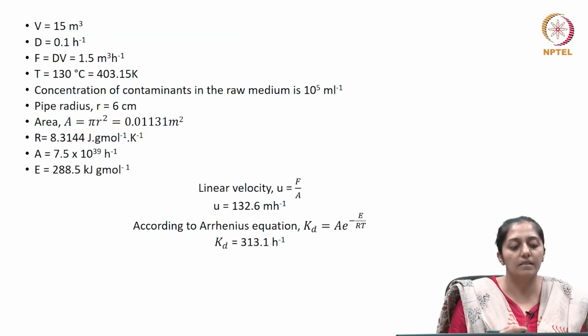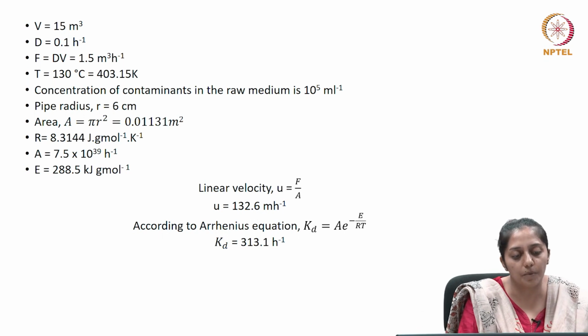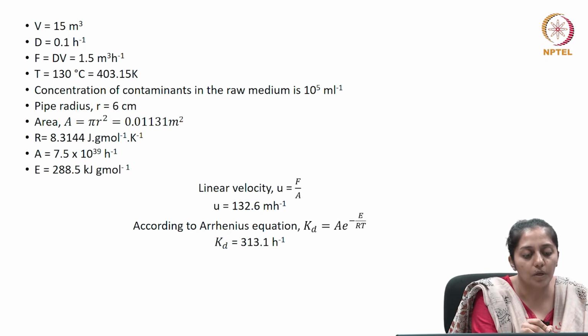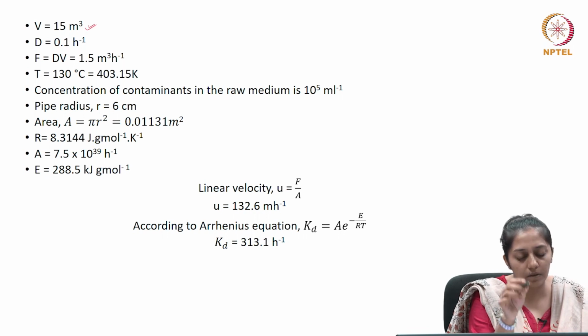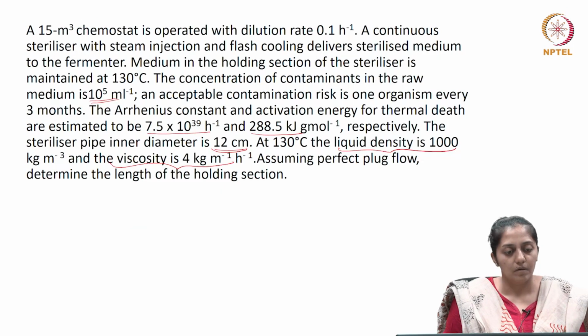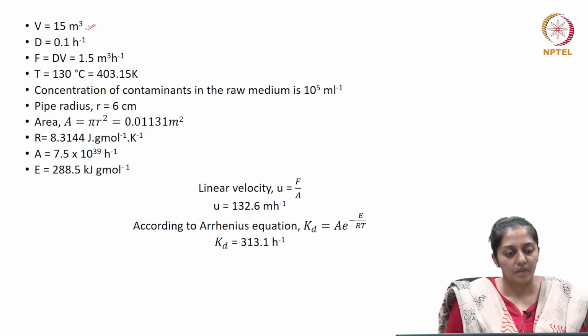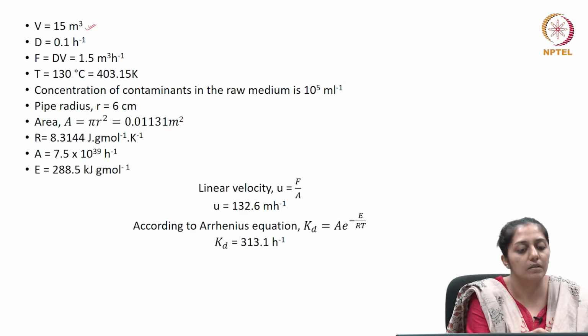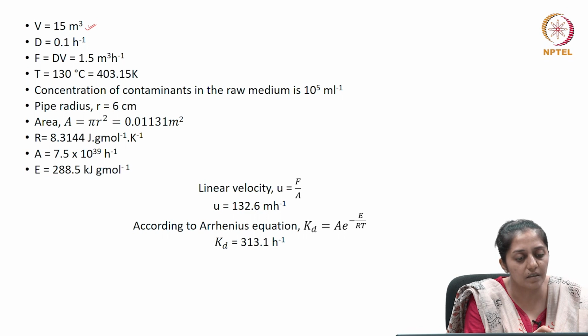Now, again listing down the information which is given in the problem. The volume given to us is 15 meter cube of the raw medium. In this chemostat continuous sterilizer, the dilution rate is 0.1 hour inverse.